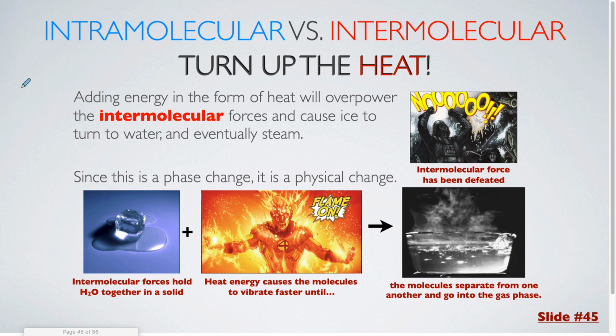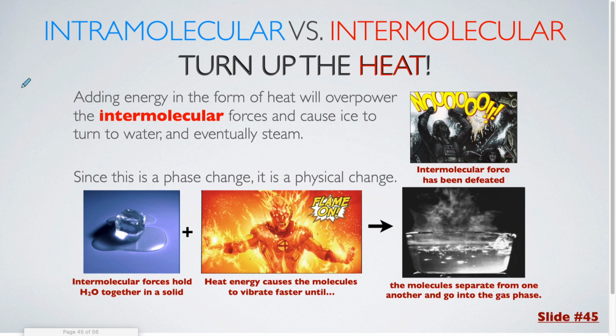So we turn up the heat. Adding energy in the form of heat will overpower the intermolecular forces, and they cause ice to turn to water and eventually to steam. And since this, of course, is a phase transition or a phase change, it would be considered a physical change. So throughout this entire process of ice to water to steam, the chemical formula is H2O the entire time.